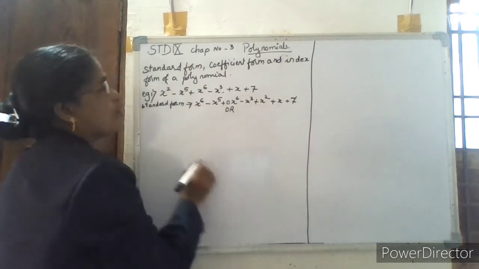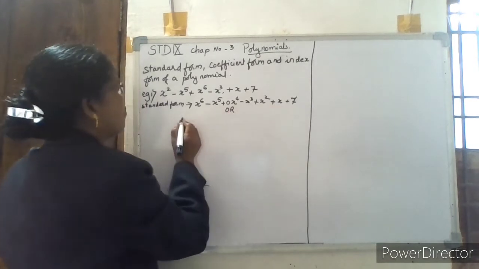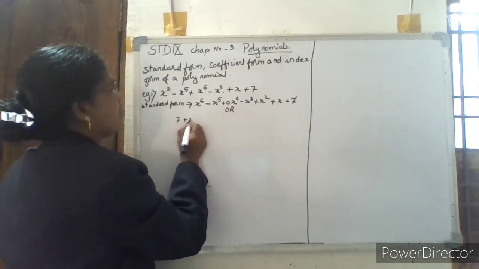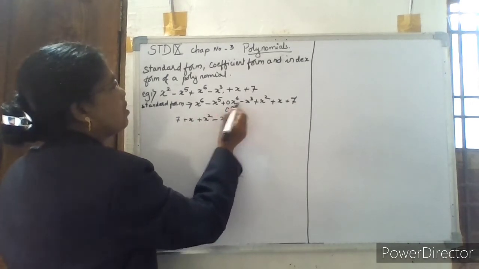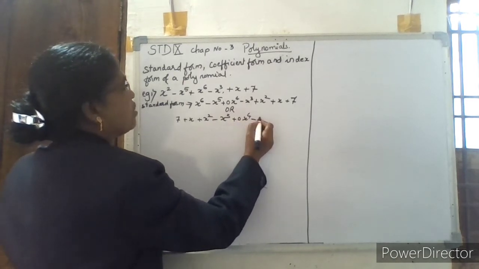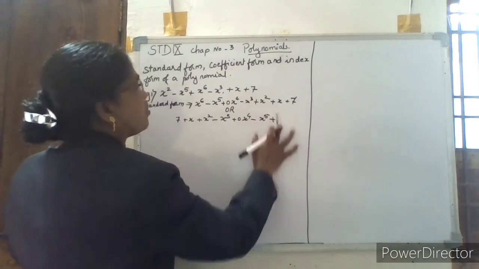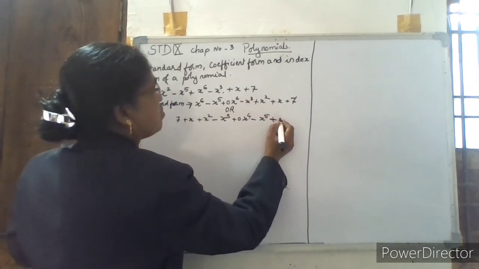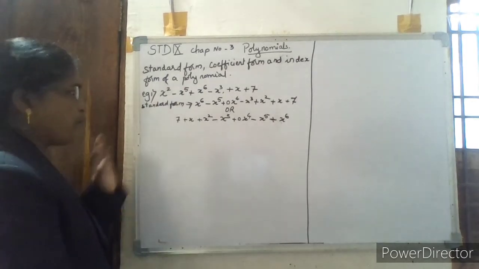But it can be written in this form, that is the constant term will come first, plus x, then plus x squared minus x cube, then plus 0 x raised to 4 minus x raised to 5 and plus x raised to 6. This is also in the standard form in the ascending order of the power of the variable.